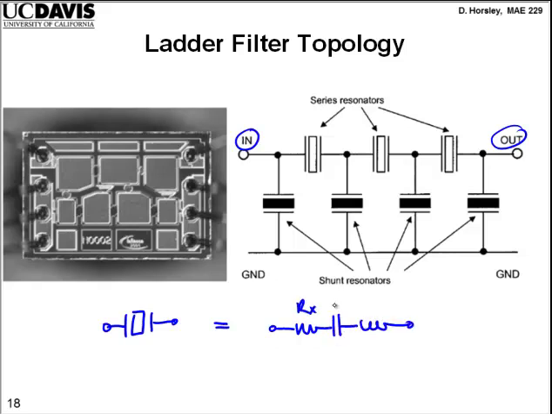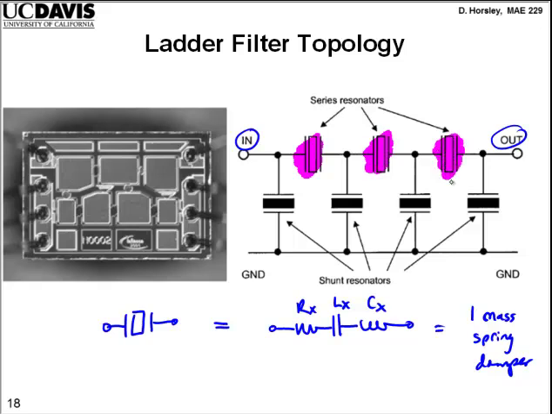So it's an RX, an LX, and a CX. So this is one oscillator, one mass spring damper system.